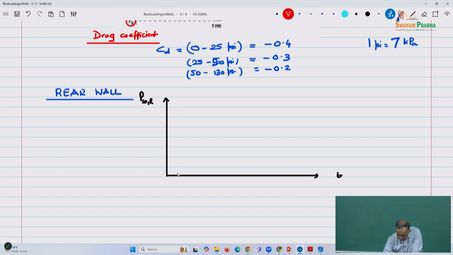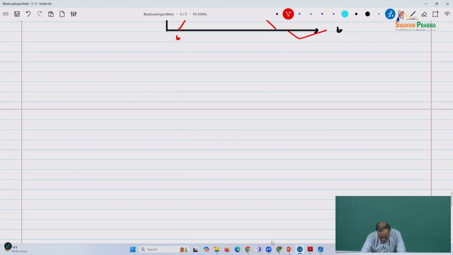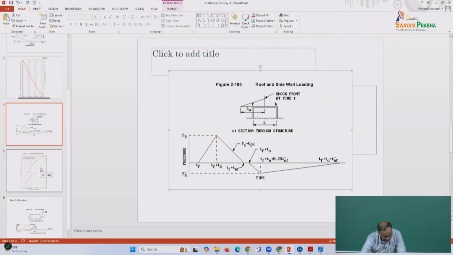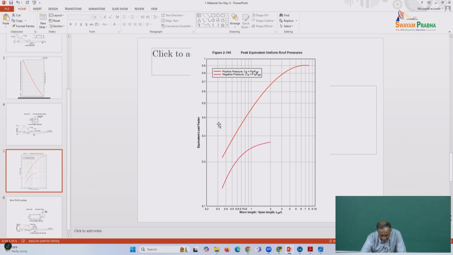Same thing, you have a triangular loading and again a triangular loading here. Maybe we can pull down the picture so that it will be easier to be consistent.